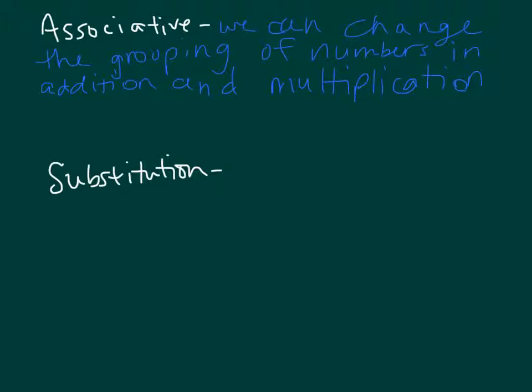So the grouping, so parentheses, so if I have A plus B and then I add C, that's the same as if I change my parentheses to go around the B and the C. So A plus, and then B plus C. So I can change how they're grouped, but the order stays the same. So same thing for multiplication. A times B times C. If I group the A and B, that's the same as A times B times C if I group the B and C.